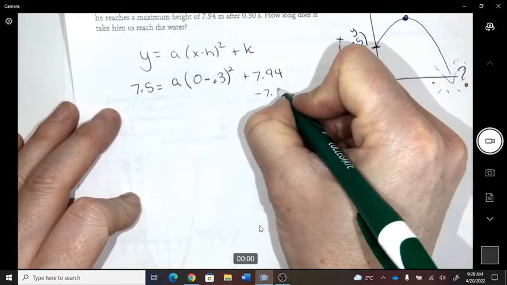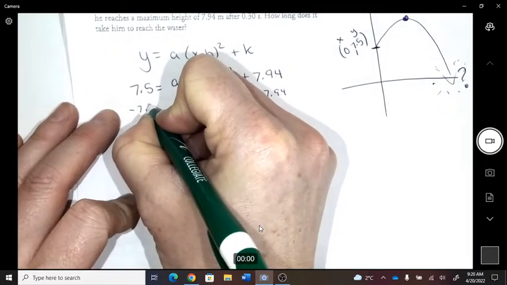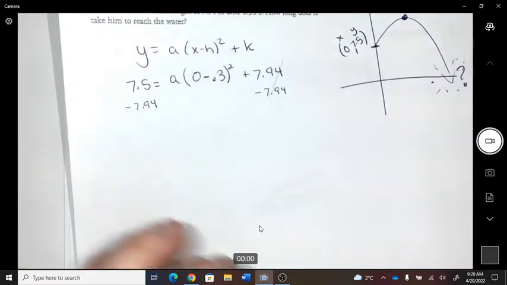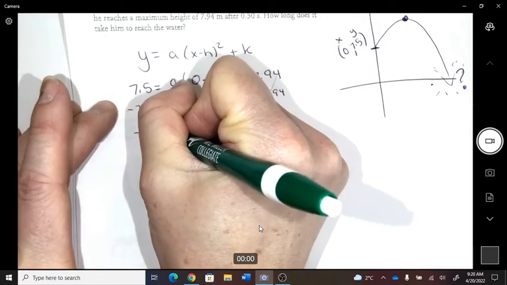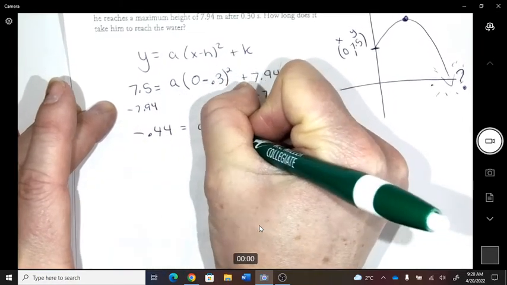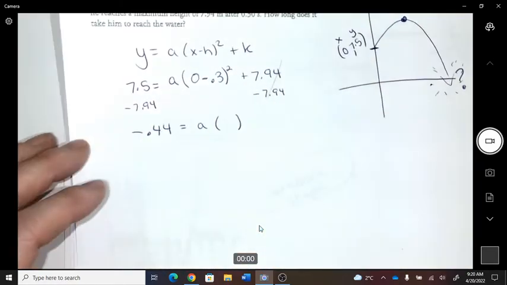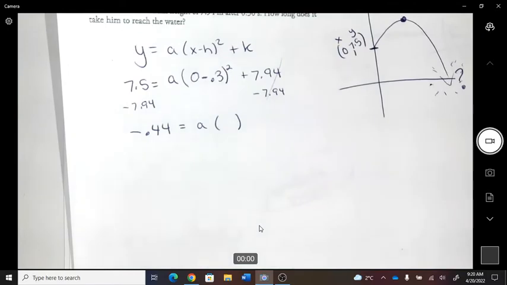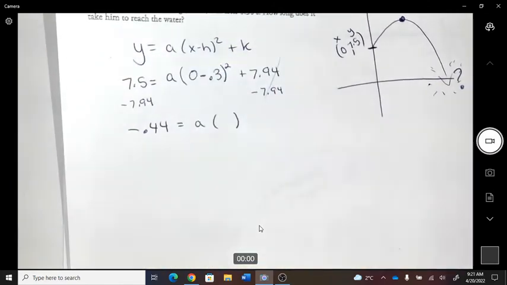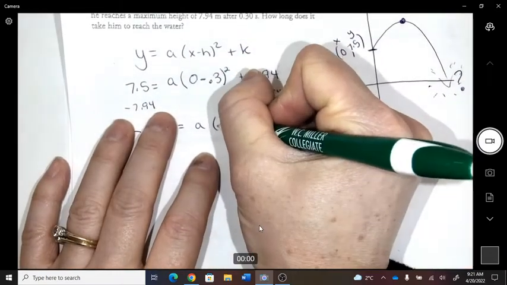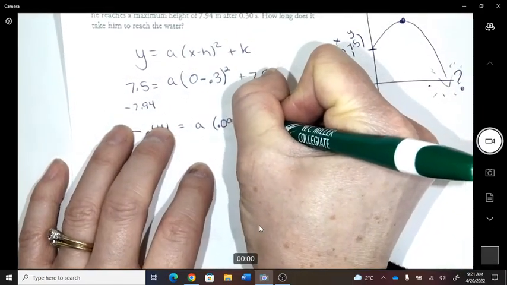Okay, I'm going to subtract that out of there with algebra. I'm also going to do this number squared. So 0.3 squared is 0.09.